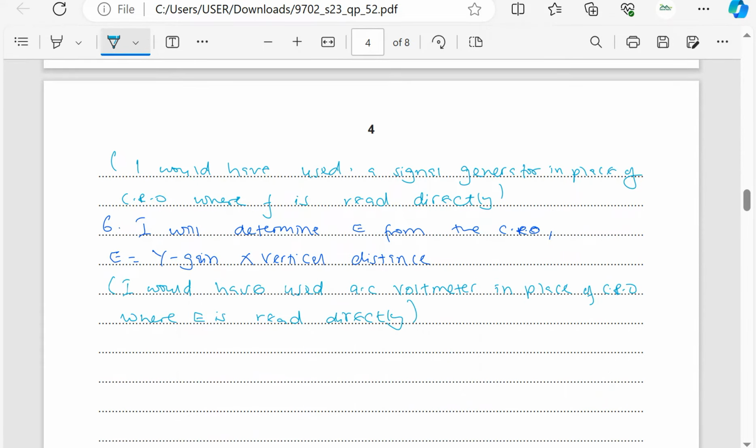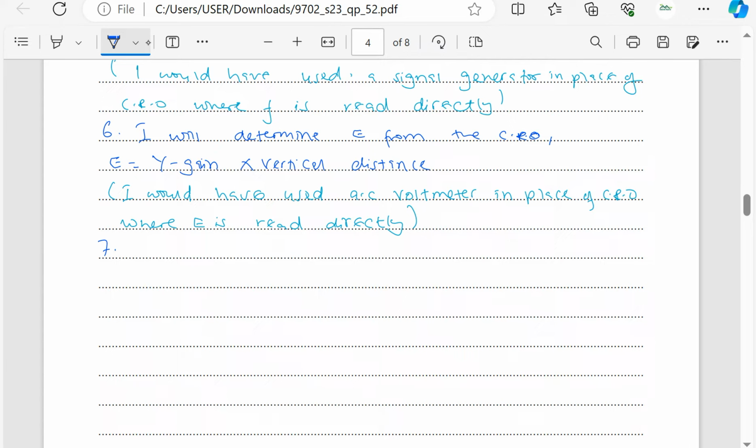Okay, then step number 7. You have now to change R. You choose a different value of R. I will change R and determine the corresponding values of E. So in other words, you are going to repeat some steps here. You change R, and of course you have to determine the corresponding value of I. Remember, you have to adjust to make sure that V is constant.